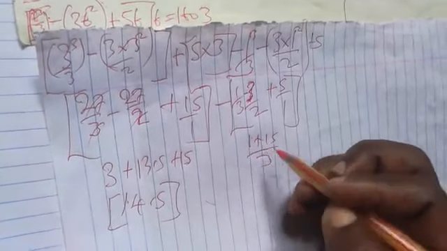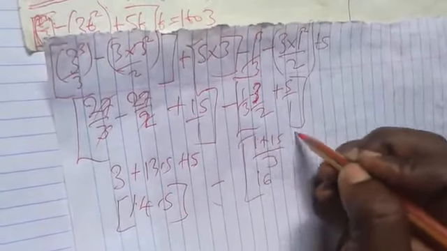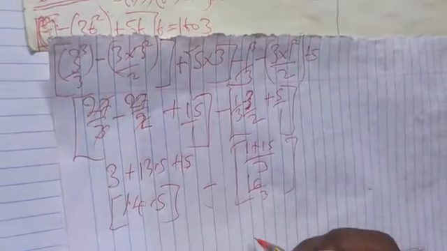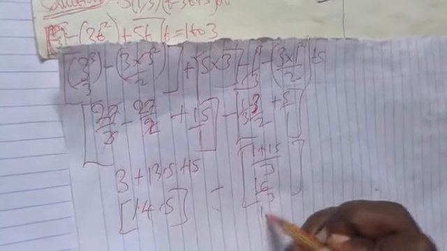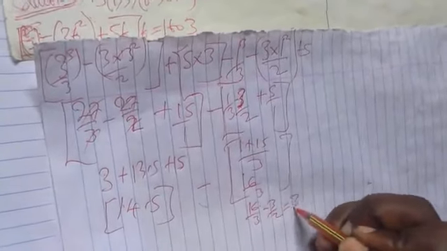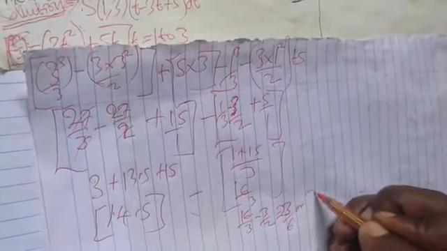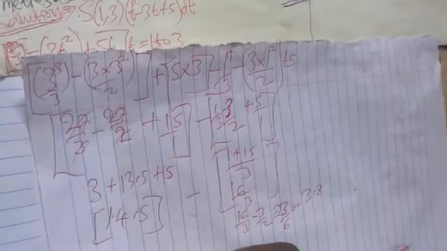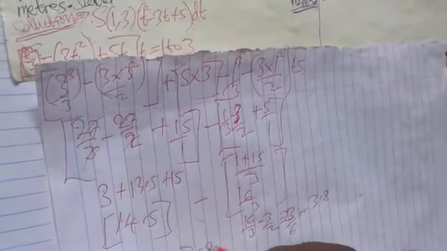and this will give us 16. Remember, this is 16 over 3 minus 3 over 2, which is 23 over 6, or 3.8. And this one is 14.5 minus 3.8.